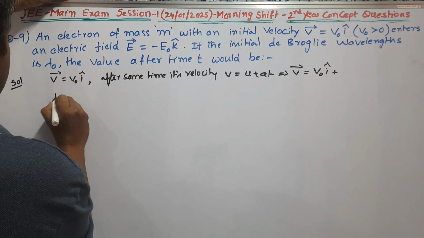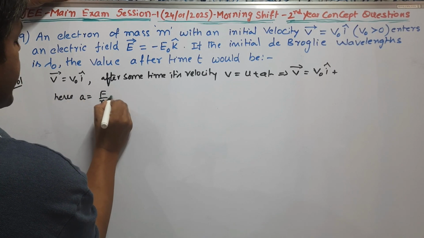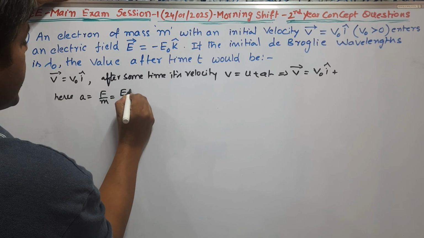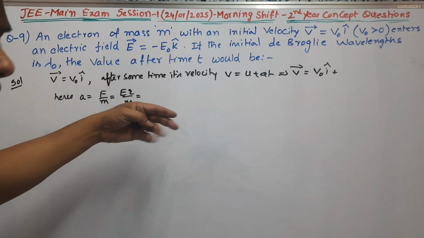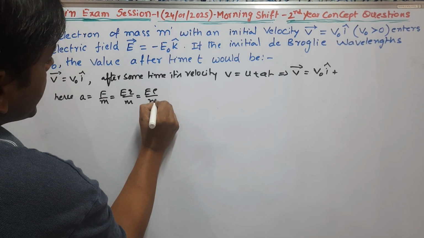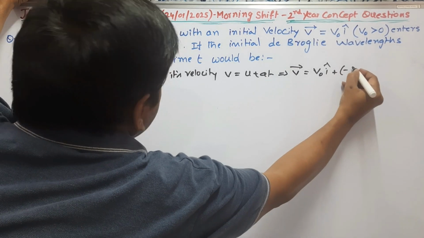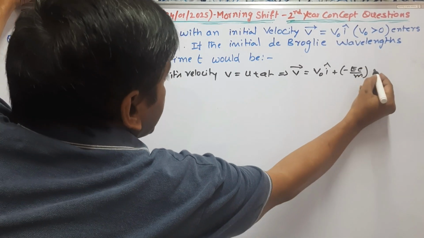Here, a is equal to what? From Newton's second law, F by m, where F is equal to E q. Any electron entering an electric field possesses some acceleration, which is equal to minus E by m into k cap.